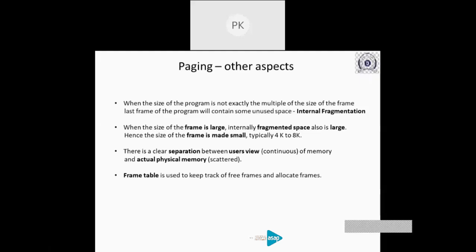The unused space remains internal to the page. That's why we call this internal fragmentation. In order to reduce the internal fragmentation, we reduce the size of the page. Typically, the size of the page is from 4K to 8K.